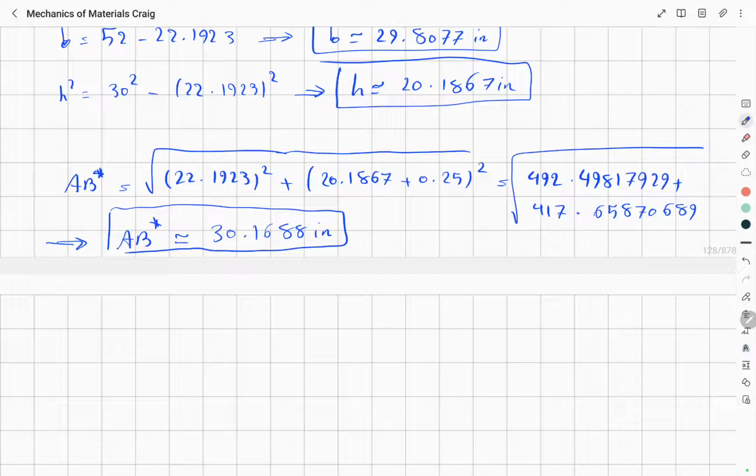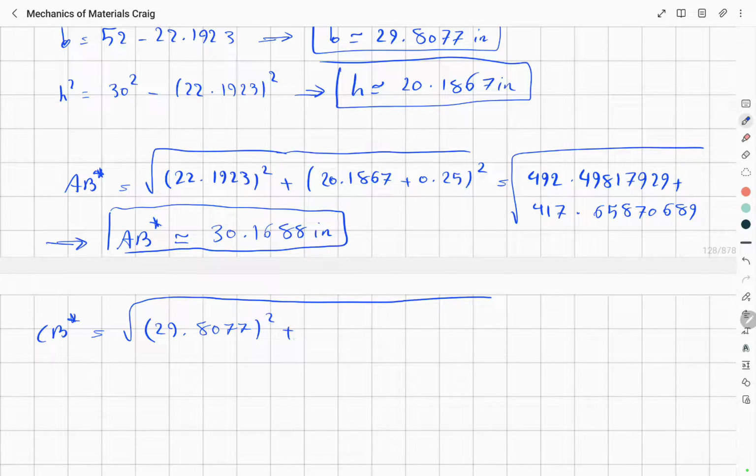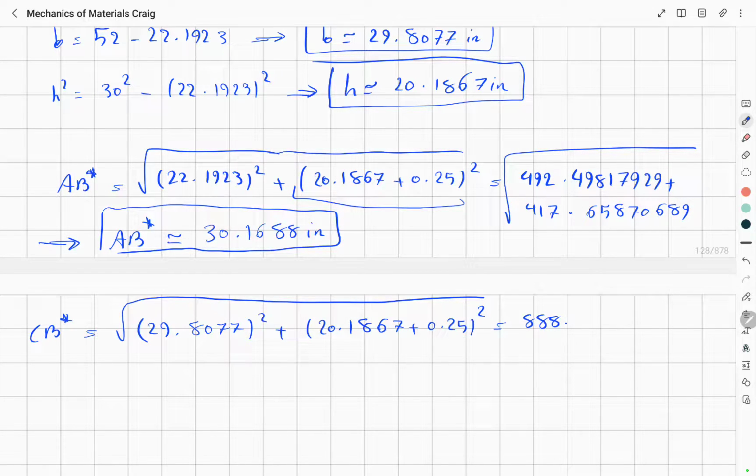And for CB star, we have 29.8077 to the power of 2 plus this value again, so 20.1867 plus 0.25 to the power of 2, which is equal to 888.499 plus 417.658.